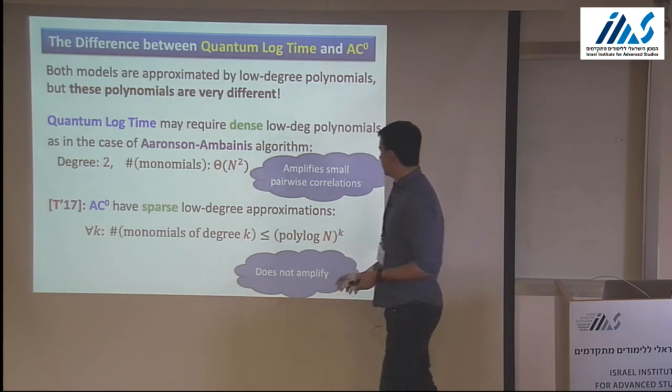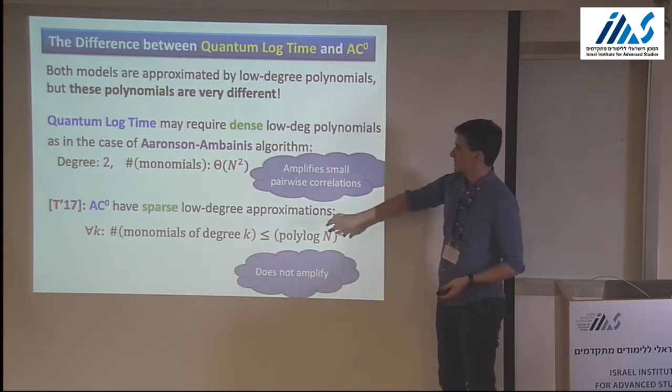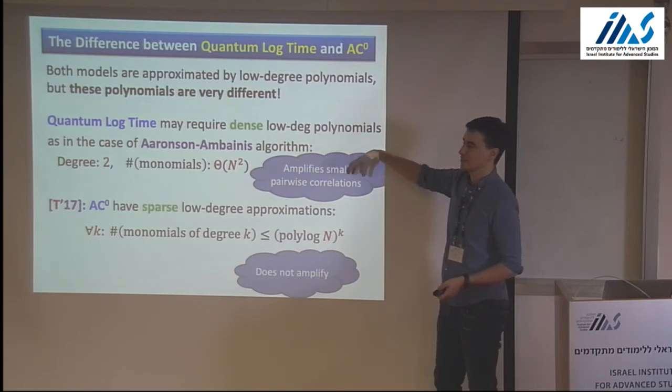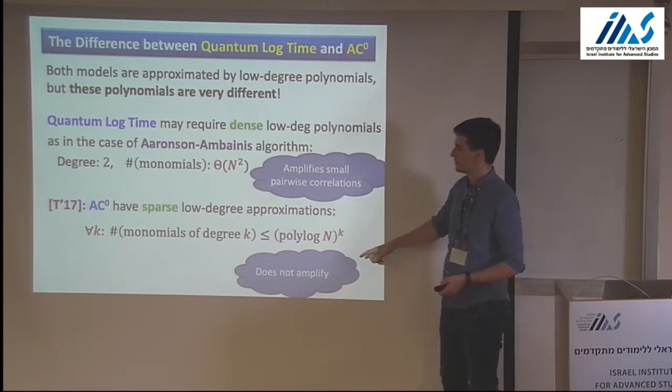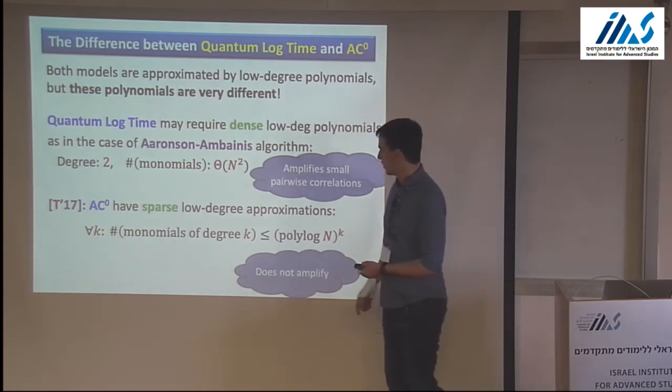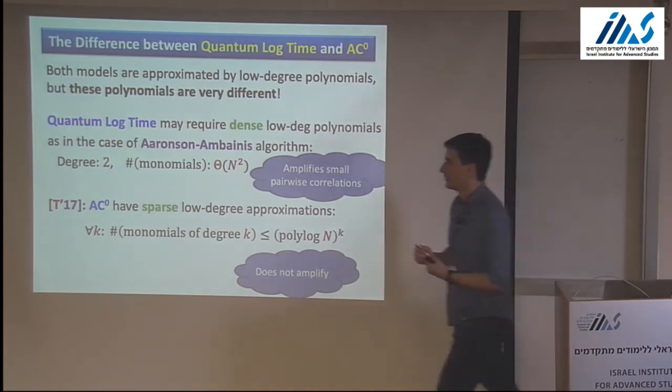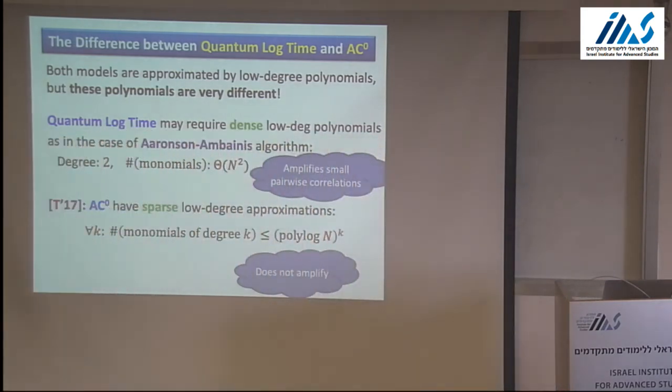So intuitively, the fact that this is dense and this is sparse explains why this can notice that the distribution D is not random, whereas here we do not notice. And I want to explain that. What happens when we try to evaluate this polynomial over this distribution D, when we take the expectation of this?